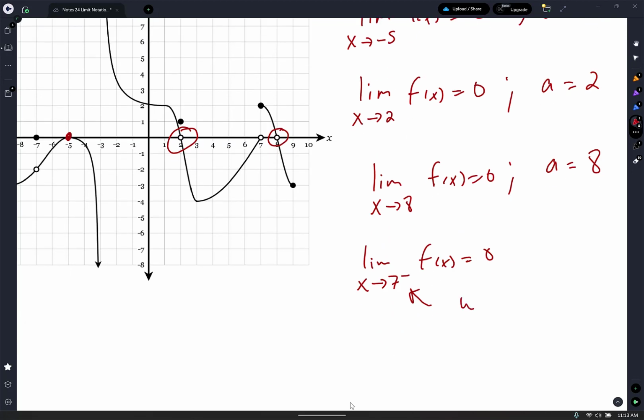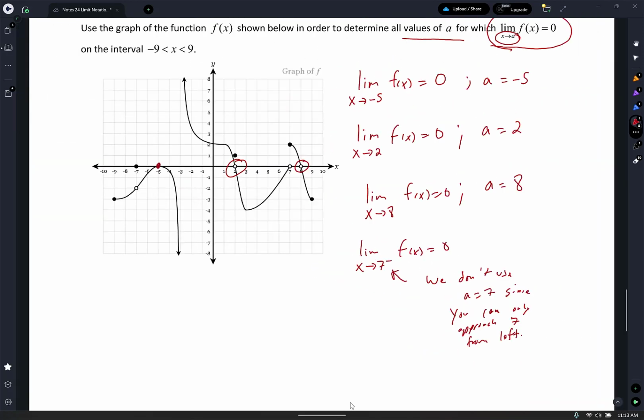This is just for notes: we don't use a equals 7 since you can only approach 7 from the left. It must match from left and right, not just left. Does that make sense, guys? Don't worry, we're almost done.